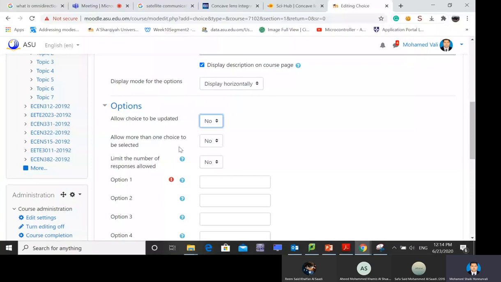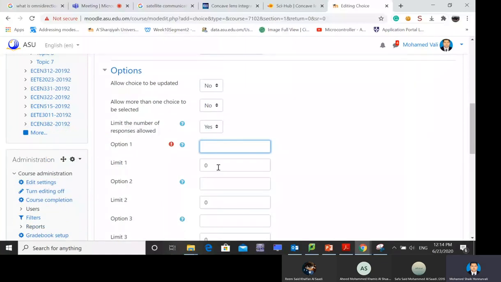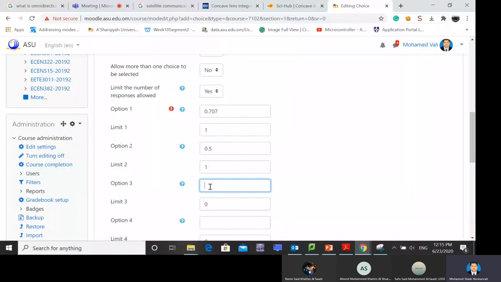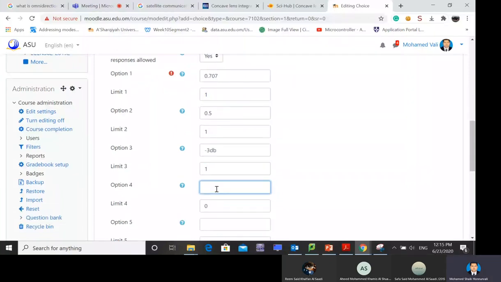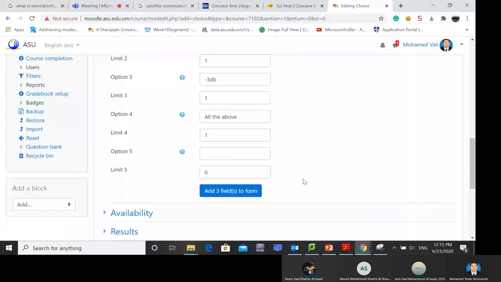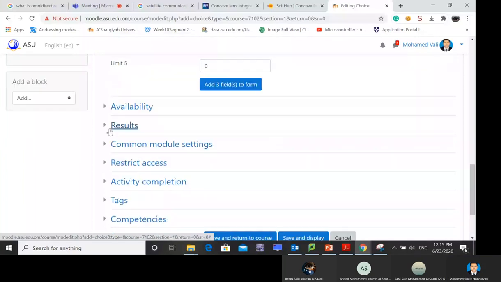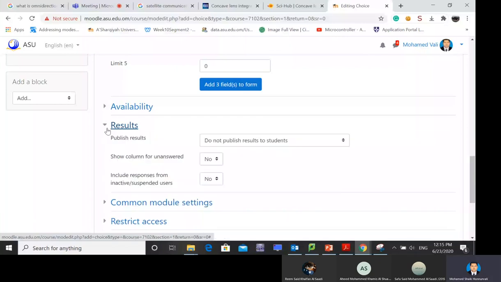Options: 0.707, 0.5, minus 3 dB, and option 4. Okay, save and return.